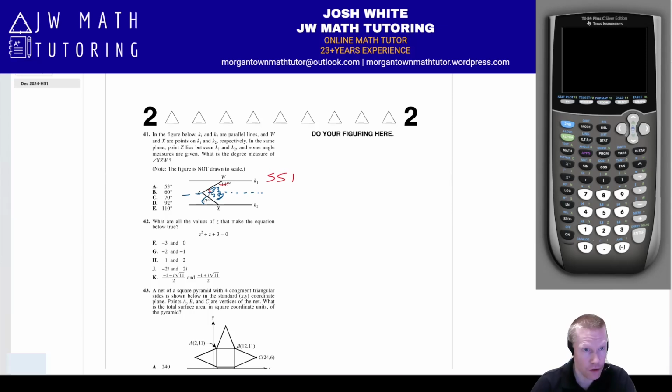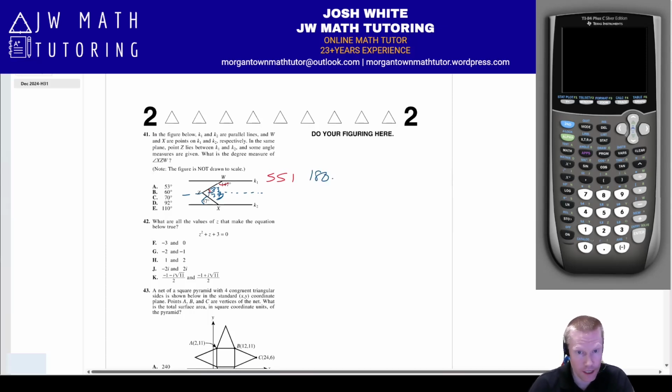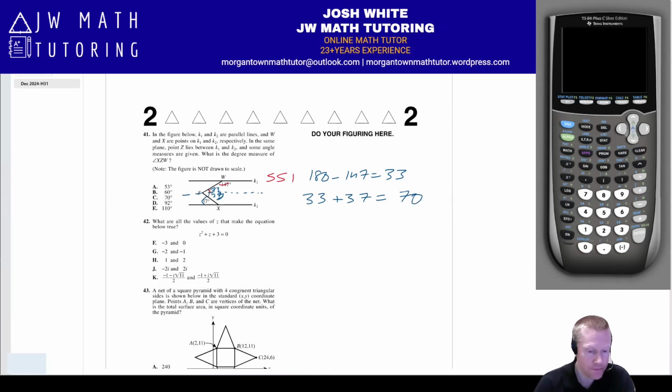They add up to 180 degrees. So you just do 180 minus 147, and that's how you get the 33. So now for the angle in the middle here, you can just add the 33 plus the 37, and you can get 70 degrees, which gives us the correct answer here of letter C.